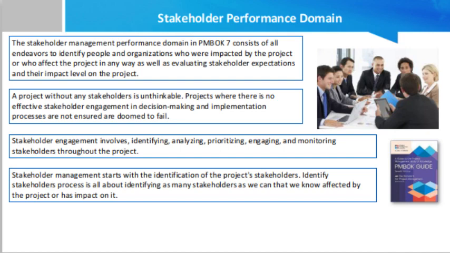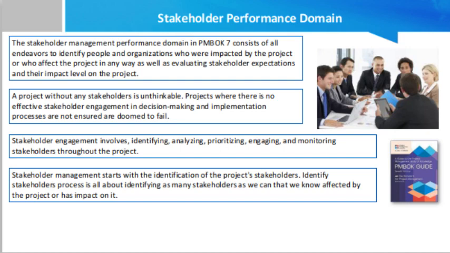The stakeholder performance domain is in many ways in interaction with the other performance domains such as the planning performance domain, project work performance domain, delivery performance domain, uncertainty performance domain, and measurement performance domain.